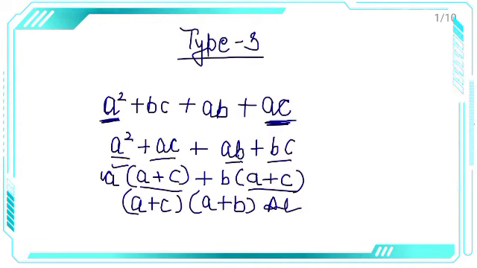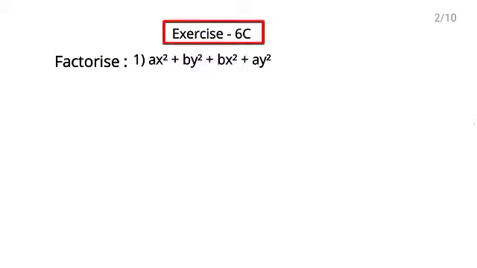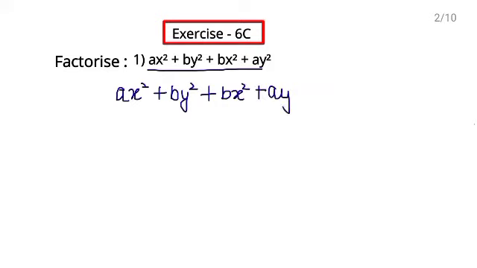Now we will start exercise 6c which is based on these types of questions. So in exercise 6c we will factorize the polynomials. First question is ax square plus by square plus bx square plus ay square.